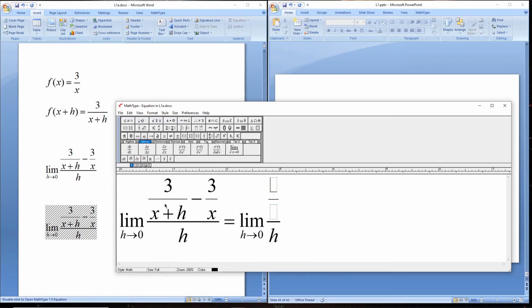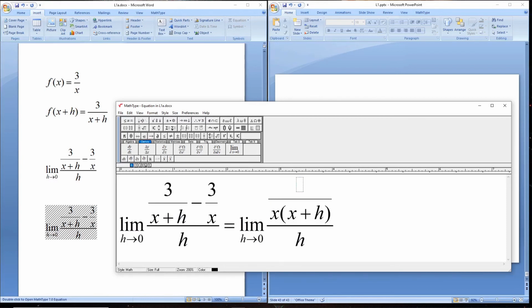So in the numerator here, the common denominator is x times x plus h. Which means we multiply this factor by x. And on the right here, we multiply this term by x plus h.